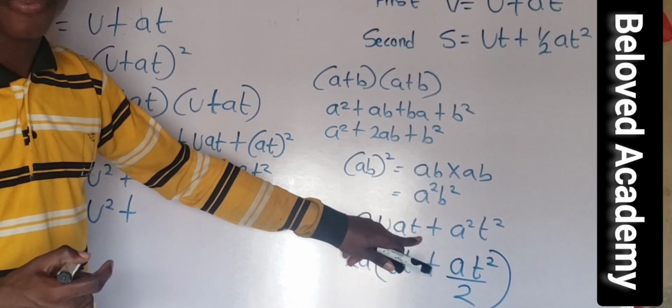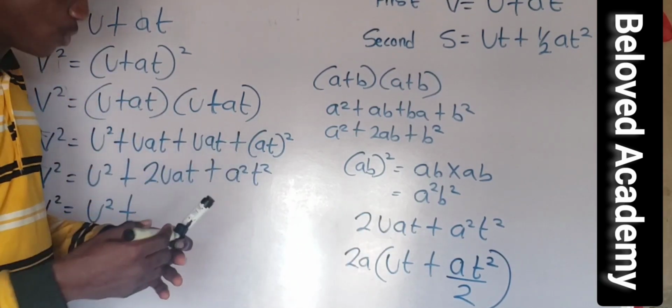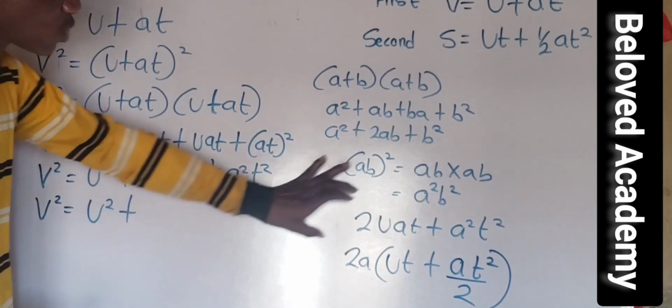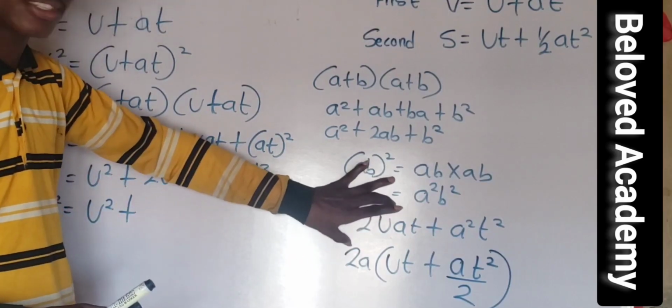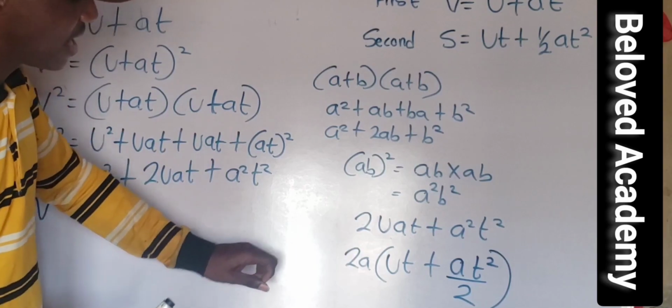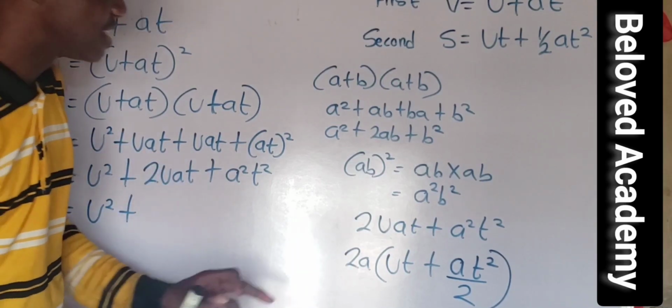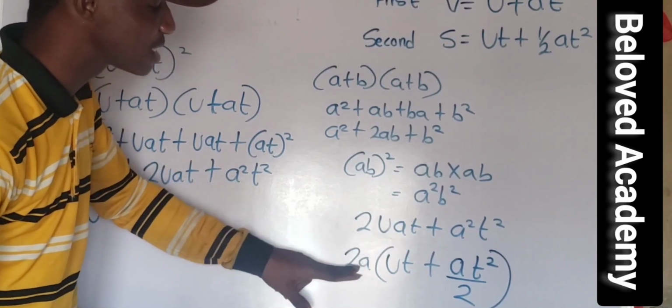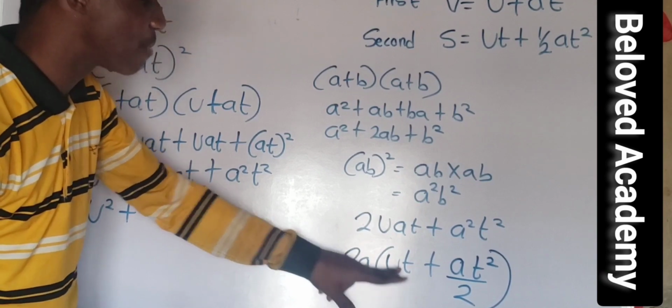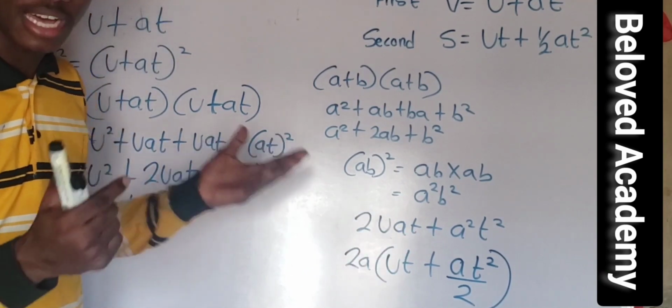Do you understand? Please, this is very simple. Just pay attention. I want to factorize 2A out of this. Now, I've already written 2A out of this bracket. For the first term, if I multiply 2A times UT, I'm going to have 2UAT. Is that not it? That's it.